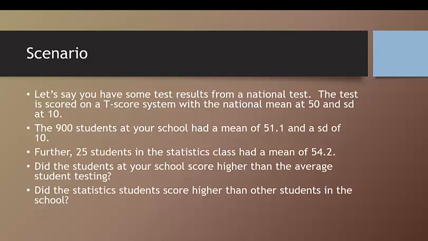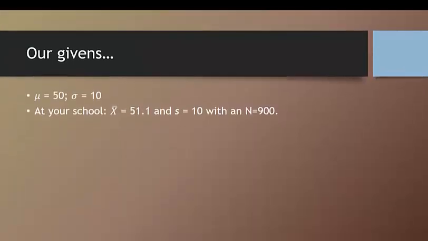So two separate tests. Did our students overall score higher than the national average? And did our statistics students score higher than other students? So at first we look at this and say, well, the answer is yes to both of those. But we want to see if this was by chance or if these are statistically significant, going back to that term. Okay, so what do we mean? So let's talk about what we know.